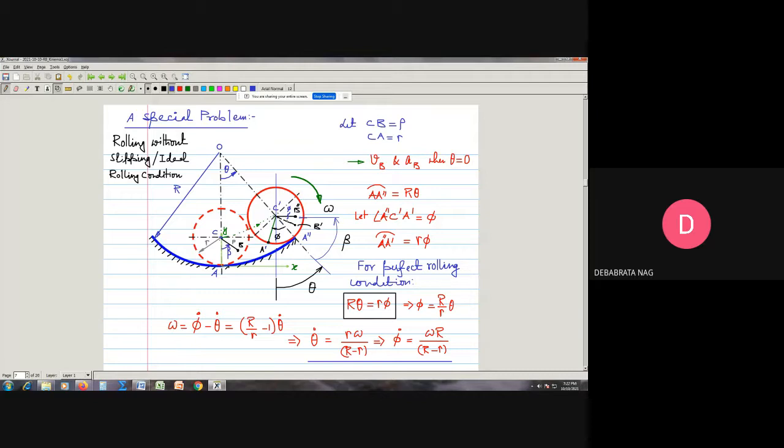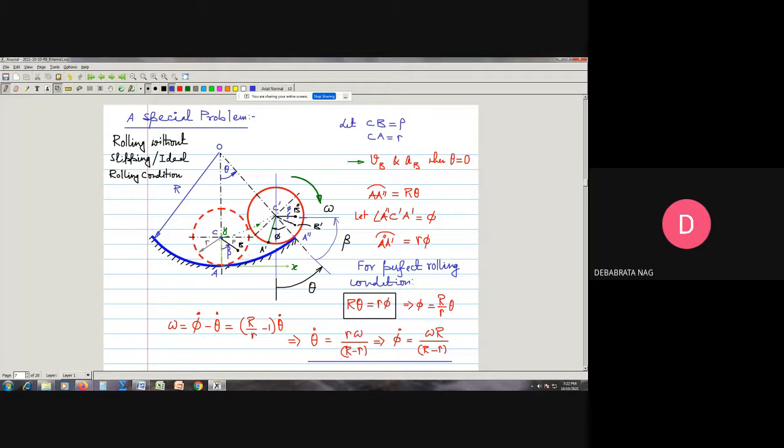So now the desired location of this radial line CB, because of this whole rolling motion, is this line segment C dash B dash.